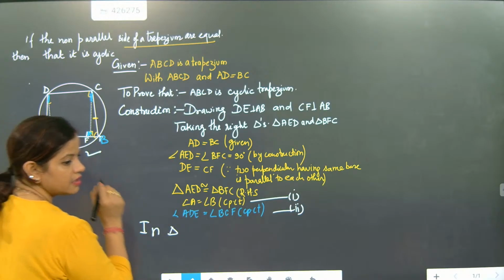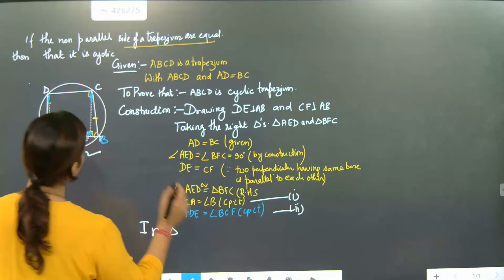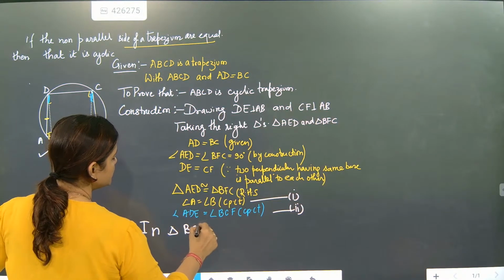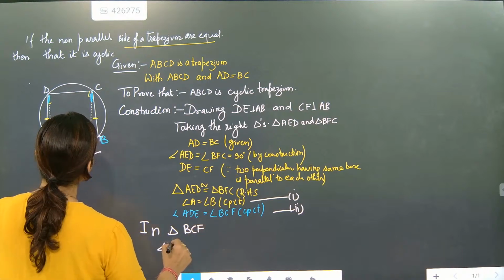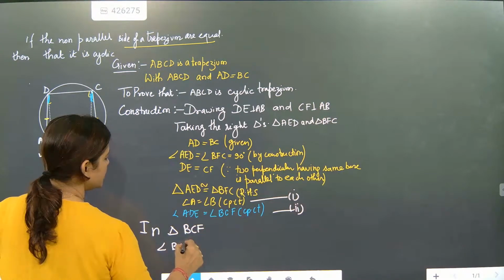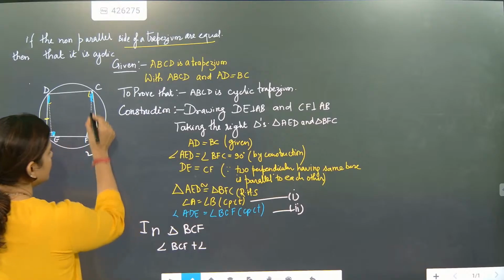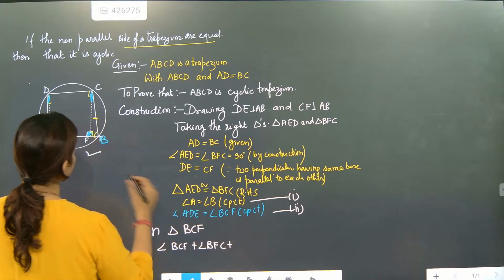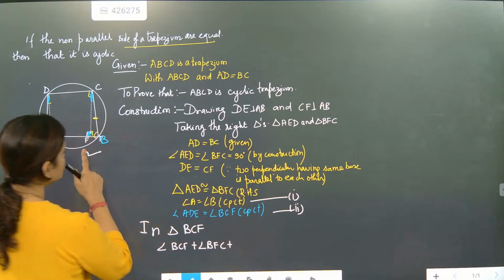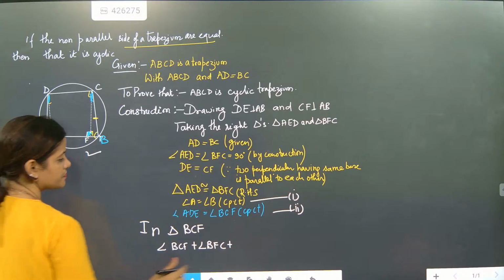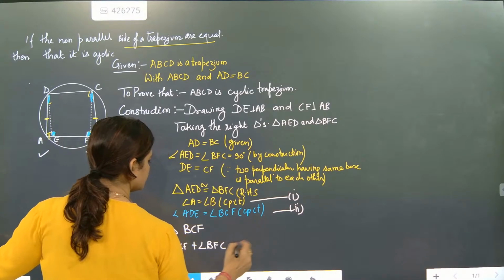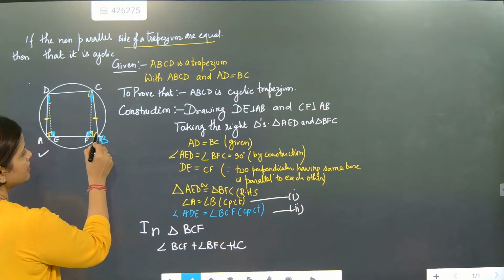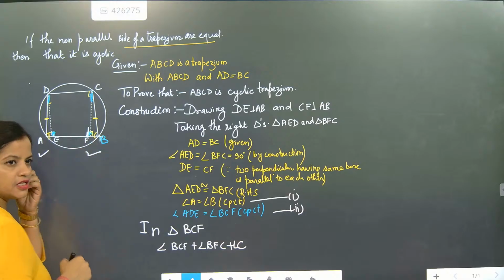So in triangle BCF, I will write angle BCF plus angle BFC plus this angle, which is the sum of the two interior opposite angles.